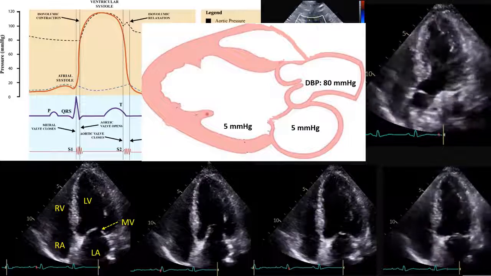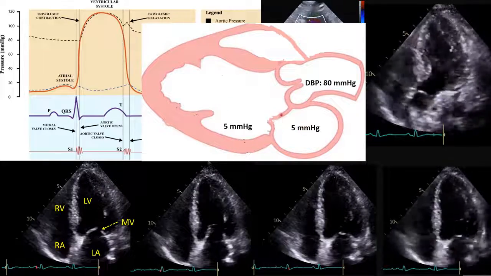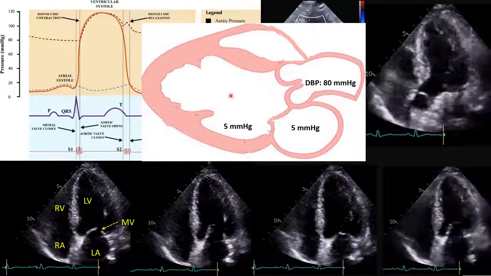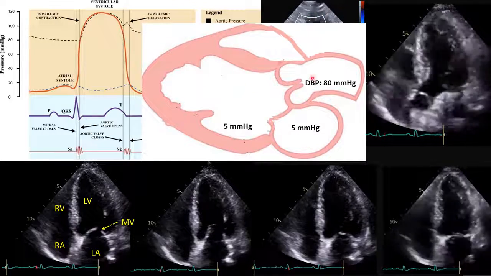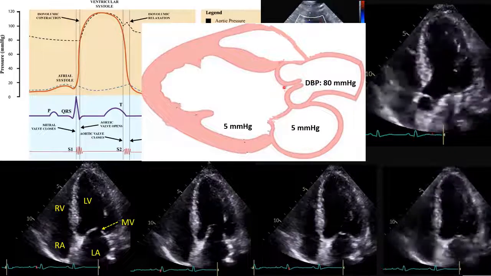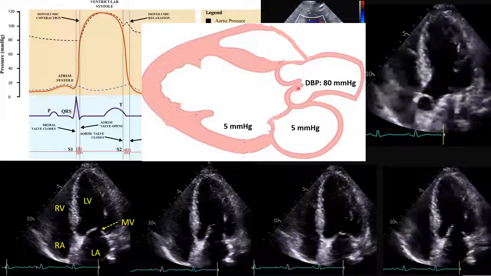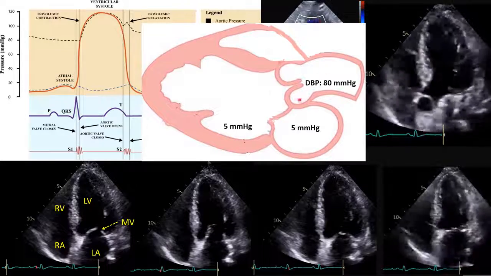So during this time that the mitral valve is closed and the pressure in the left ventricle is still not over 80, the aortic valve is closed too. So in this phase, still no blood goes outside.